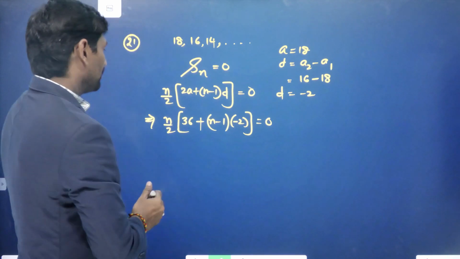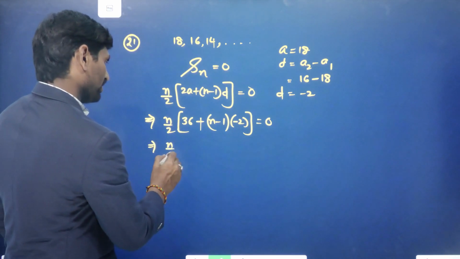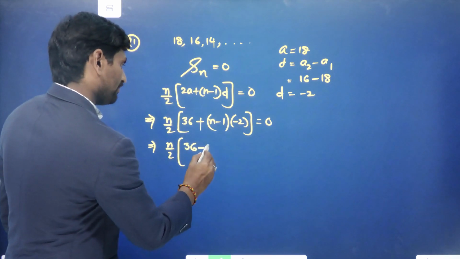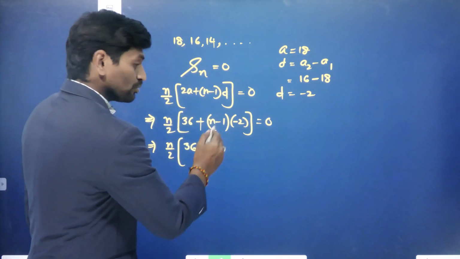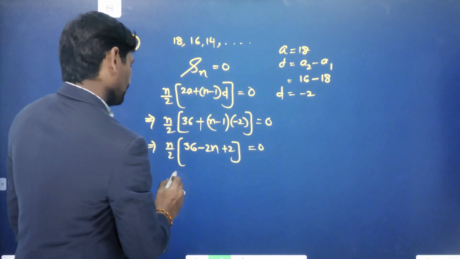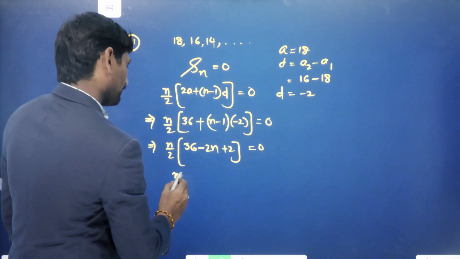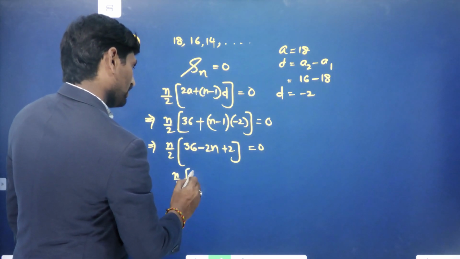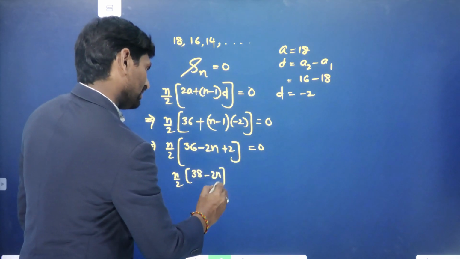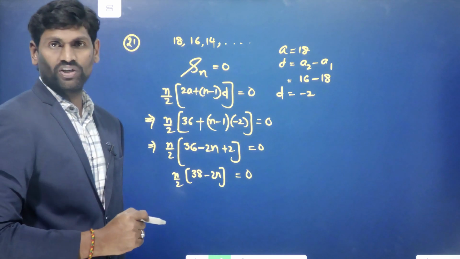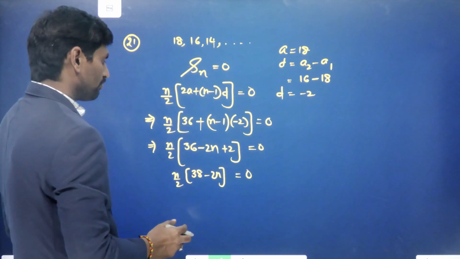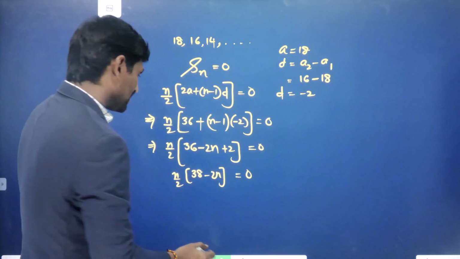Now n/2 into, simplifying here itself, 36 minus 2n plus 2, is equal to 0. So n into 36 plus 2, 38, 38 minus 2n is equal to 0. Okay? Now 2 is dividing, so when you transpose it, it multiplies with 0, and the answer becomes 0.